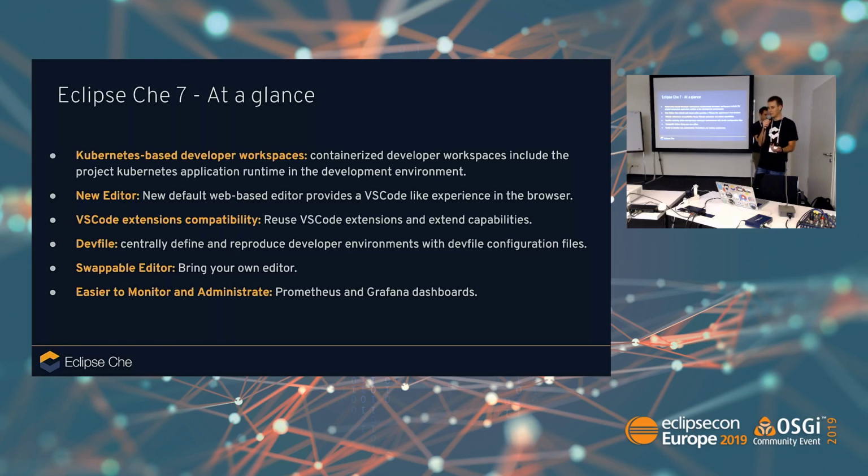The capability to get compatibility with VS Code extension, and the dev file to provide developer environment as code. So it's really a codified definition of a developer environment, which can be integrated in your GitOps strategy as well.